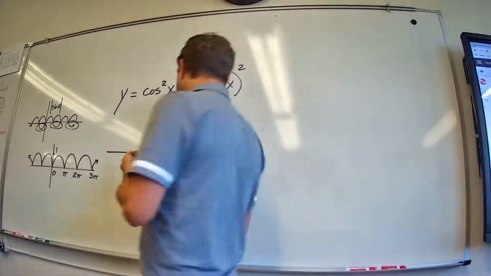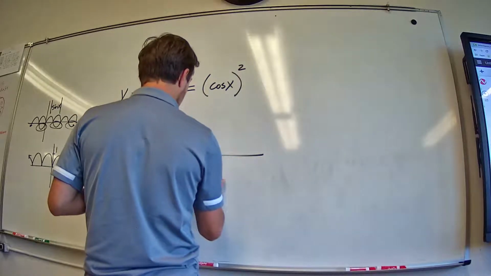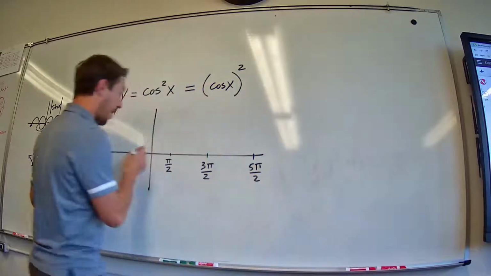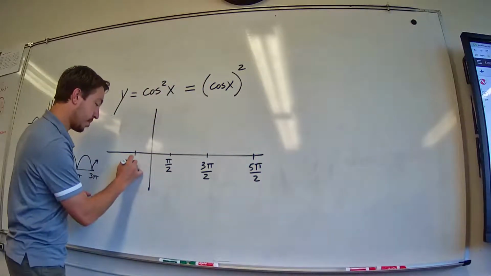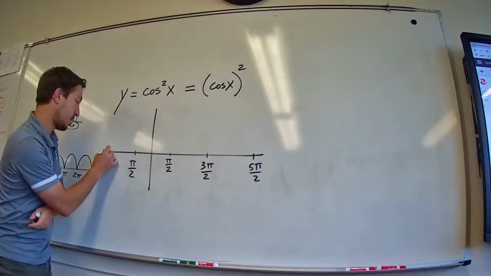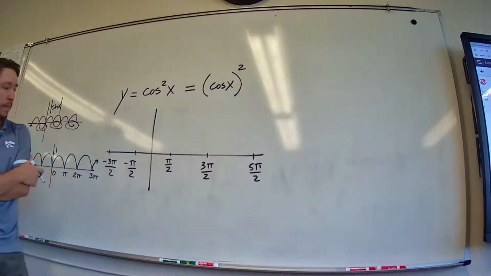Pi over 2, 3 pi over 2, 5 pi over 2, all the half multiples of pi, right? So on and so forth. Okay.